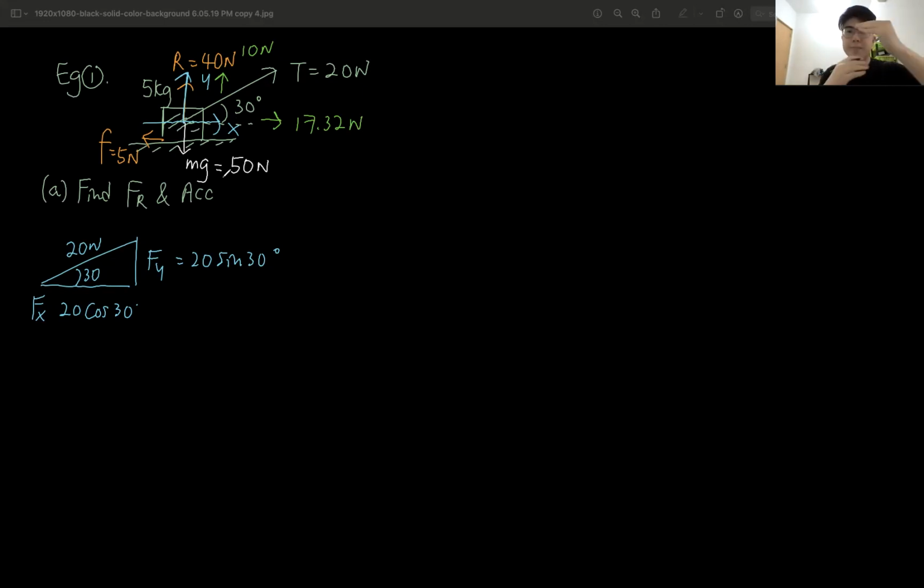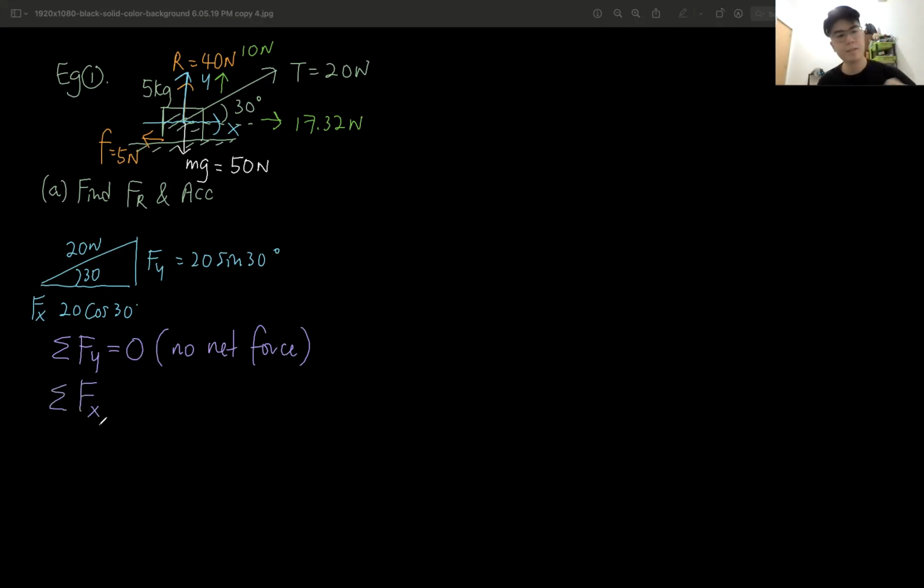So if vertical is balanced, then the sum of Fy is 0. That means vertically there is no net force. What about the sum of horizontal forces, the sum of Fx?